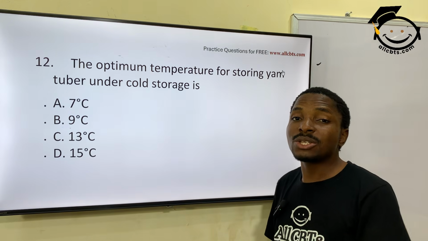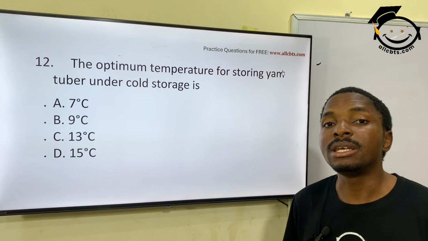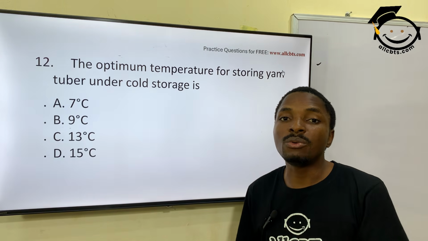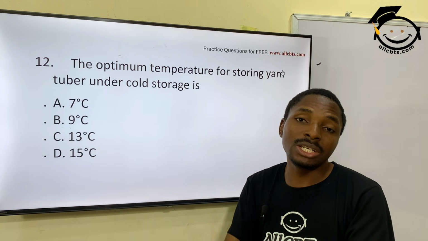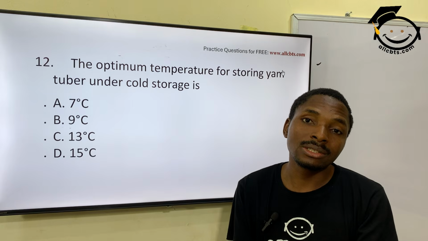So let me give you a fun fact. If you store your yam in a fridge, your yam would stay longer. Most of you keep your yam in the kitchen, in an airy place, or spread a sack and put the yam on it.